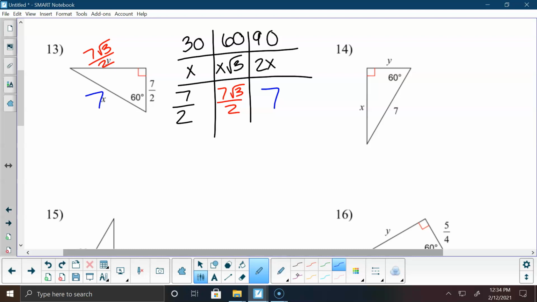Why can I get away with not doing 14? Look at 13 and 14. There's a similarity. Kaylin sees it. Yeah, it's the same problem. I just gave you different info. 7 over 2, 7 over 2, square root of 3.